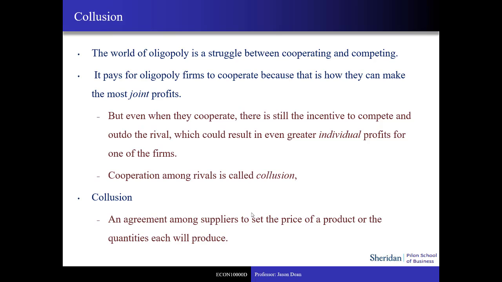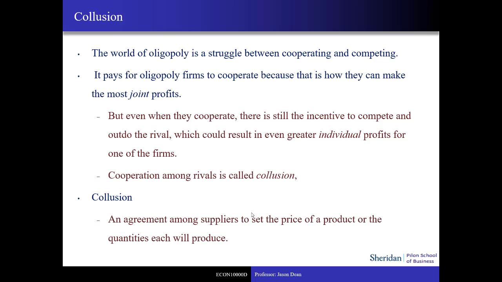There would be this optimum quantity overall, and then they would split that and charge the price that coincides with that quantity. So they each would produce half of the monopoly quantity, and they would both charge the same price corresponding to that quantity, and that would maximize their profits. That would be the best thing they can do.